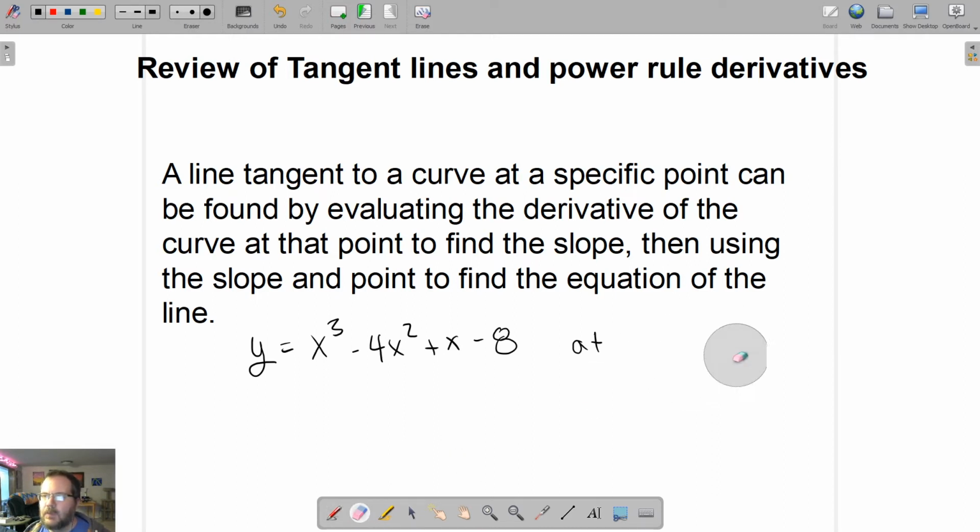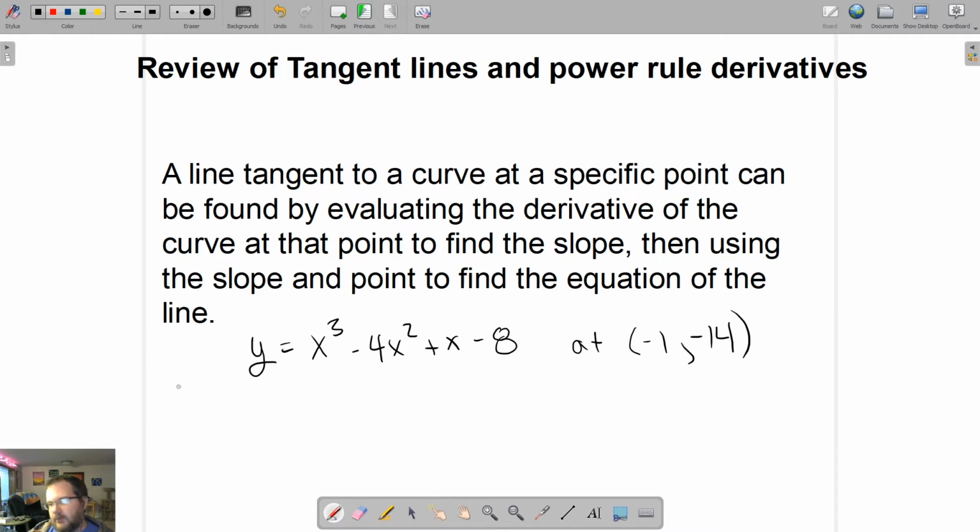Let's not do that. Let's evaluate it at the point negative 1, comma. If I put a negative 1 in here, what do I get back out? This is negative 1 minus 4, so it's negative 5, negative 6, so negative 14. So I want to evaluate this at that point and find the equation of the line tangent.